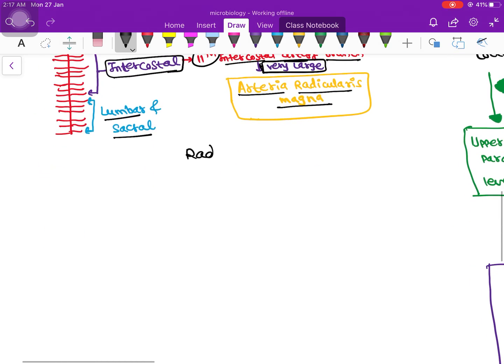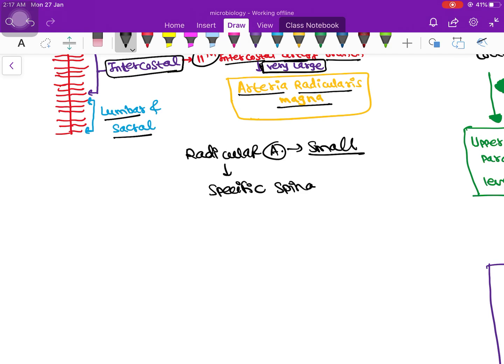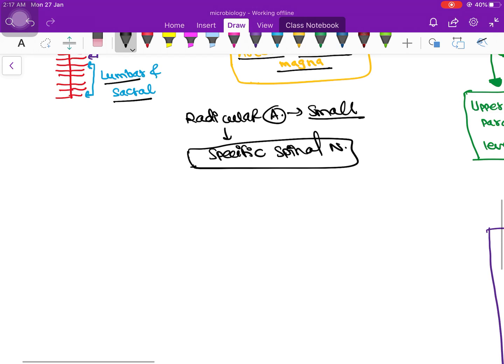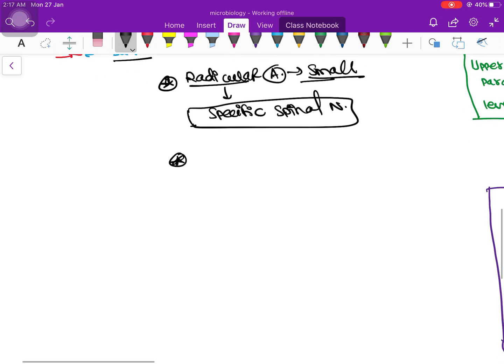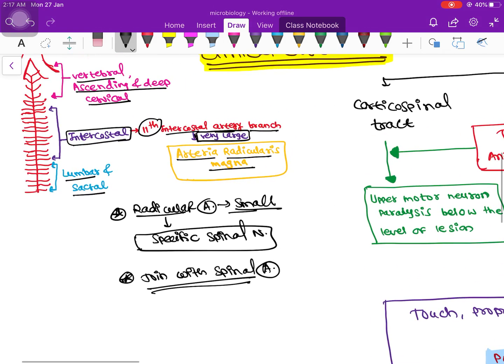Generally the radicular arteries are small and they supply the specific spinal nerve segment, specific spinal nerves. But here these are large arteries which join with spinal arteries. So these are arteria radicularis magna.